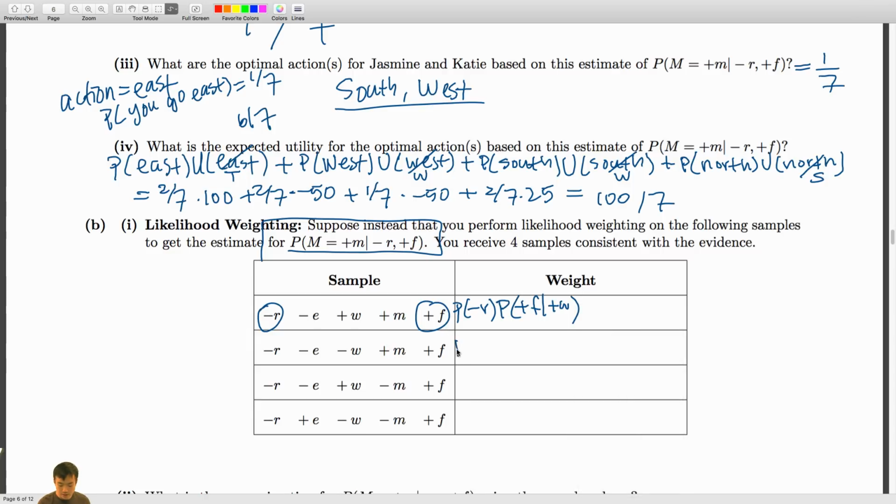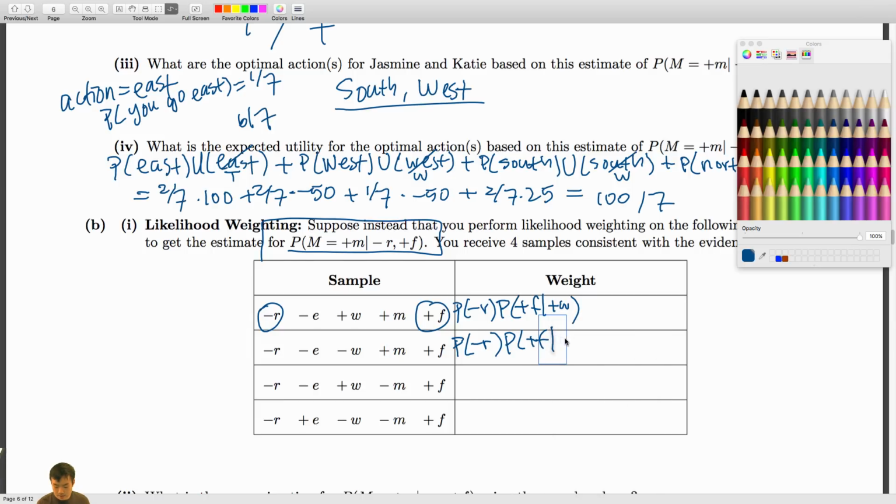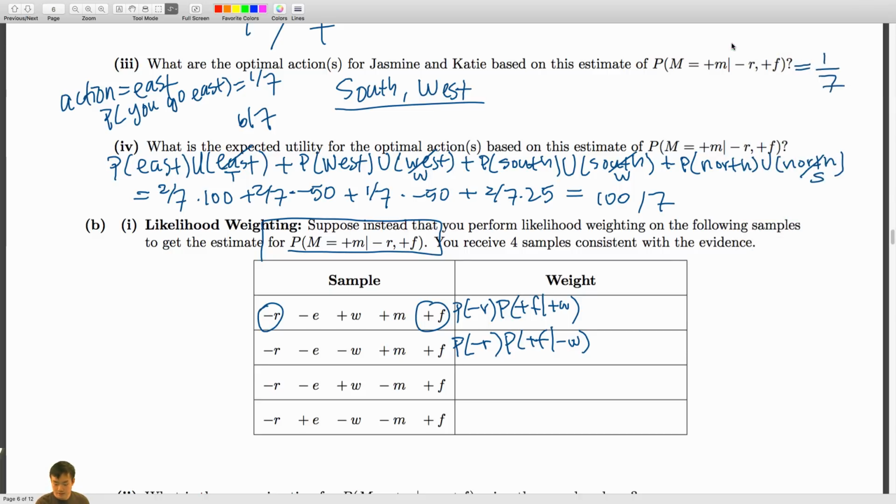And for the sample below, we have the probability of -R times the probability of +F given -W. And then for here, we have the probability of -R times the probability of +F given +W again. And for the last one, this is going to be the same as the second one, so -W.